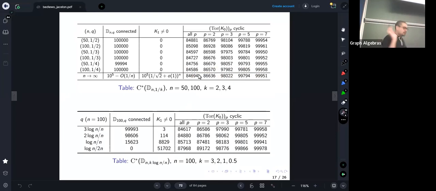So on the other hand, remember I mentioned that this Erdős–Rényi result, the asymptotic probability of connectivity, depends upon the asymptotic behavior of this omega. So just for comparison, I also did some different omegas. So let's maybe just look at the last two here. So if q is log n over n, that means this omega is 0.